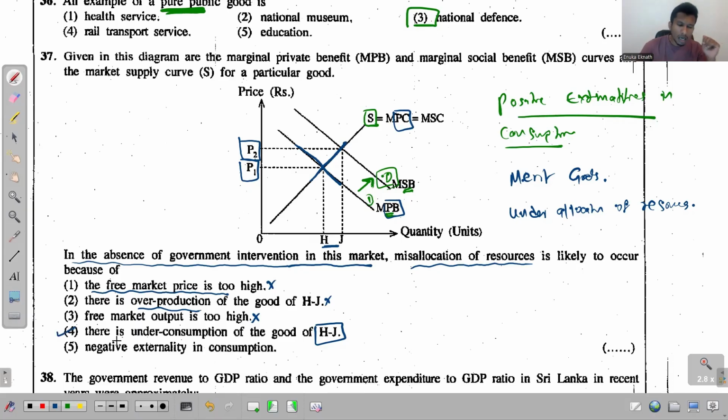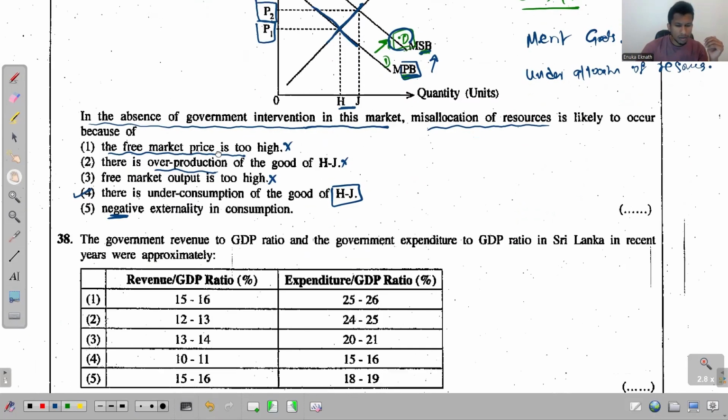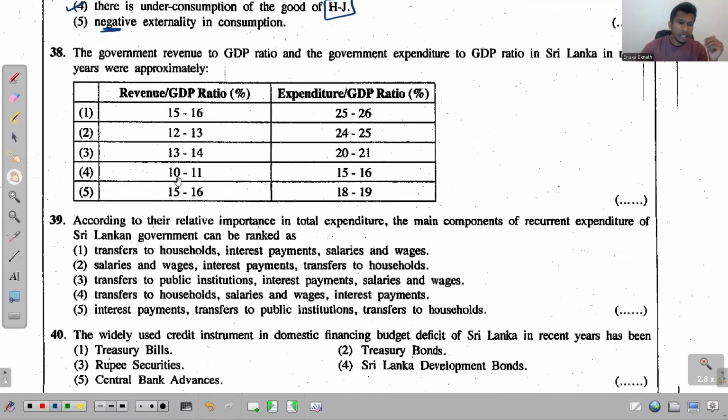So this is the answer for the question. But look at the fifth one, negative externality in consumption. No, we have positive externalities in consumption, and that's why the demand curve based on the social benefit lies on the right of the demand curve based on marginal private benefit. Right. Then the answer for this 37th is the fourth one. Now look at this question 38.